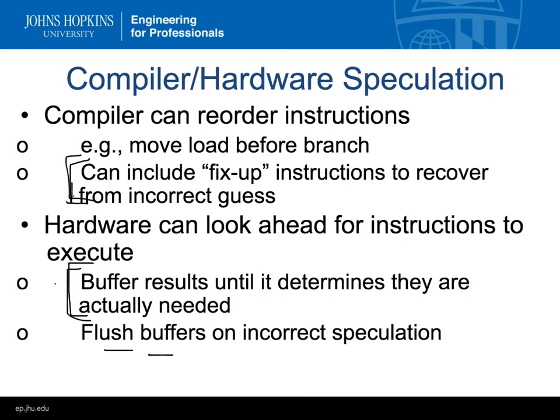In our example, we buffer the results so they come out in the same order they went in, but while in the pipeline, they switched orders a little. And flushing buffers on incorrect speculation: we saw that with branching, where you speculate on the result of the branch and then flush if you were wrong.